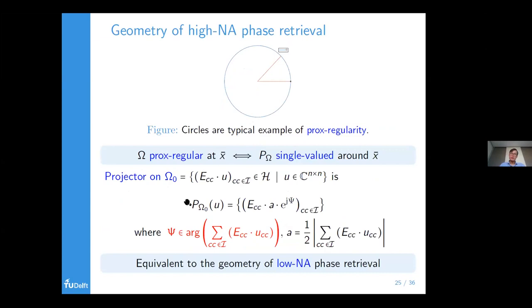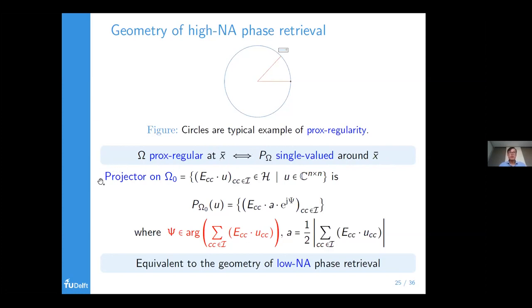That is, the constraints are prox-regular sets. Recall that a set omega is prox-regular at a point x bar if and only if the projector is single-valued around this point. And circles are typical examples of regularity.